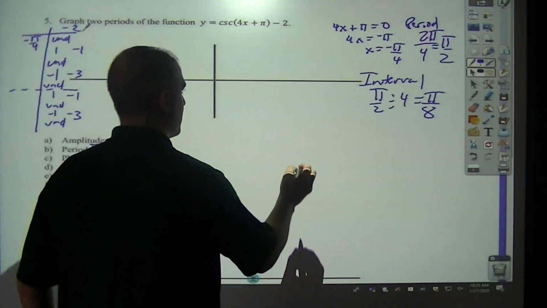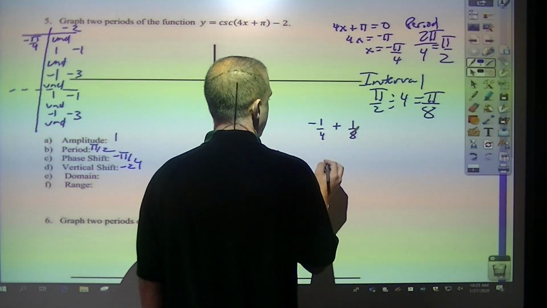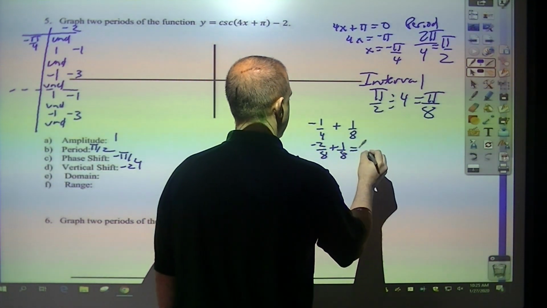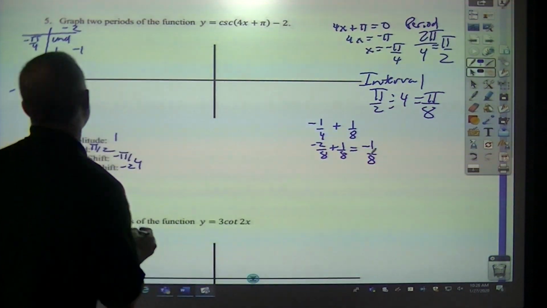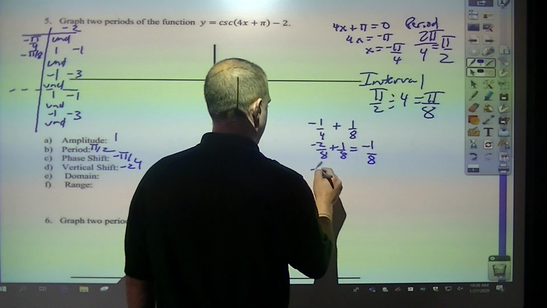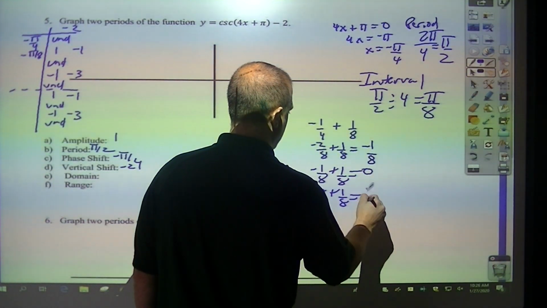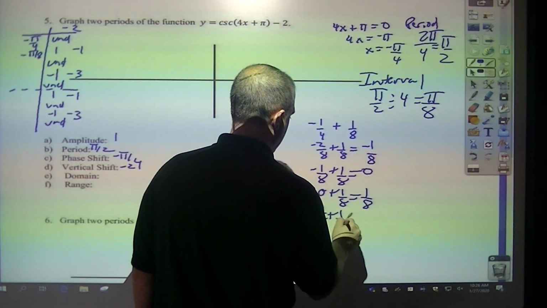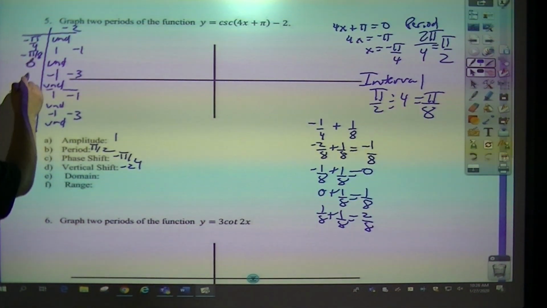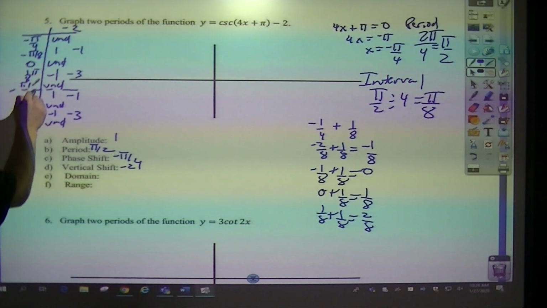Okay, so battle of fractions. All right, negative 1/4 plus 1/8. Negative 2/8 plus 1/8 would be negative 1/8, so negative pi over 8. Negative 1/8 plus 1/8 would be 0. 0 plus 1/8 would be 1/8. 1/8 plus 1/8 would be 2/8. So I got 0, 1/8 pi, 2/8 pi is pi over 4.